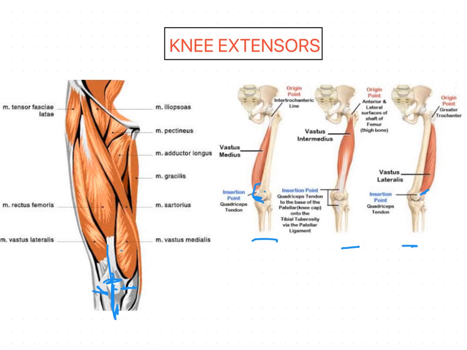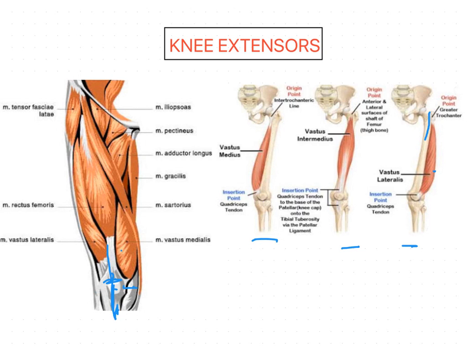Some studies by Lieb and Perry examined the direction of pull of each component of the quadriceps. The pull of the vastus lateralis muscle alone was found to be 12 to 15 degrees lateral to the long axis of the femur.